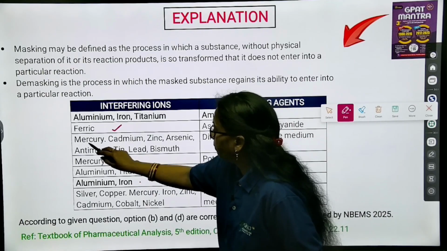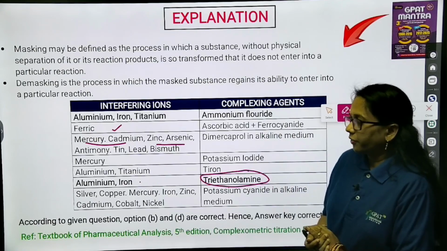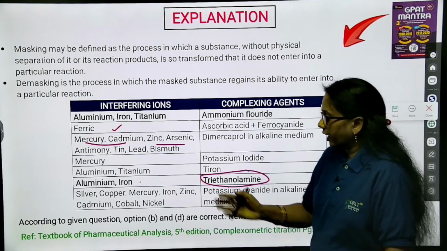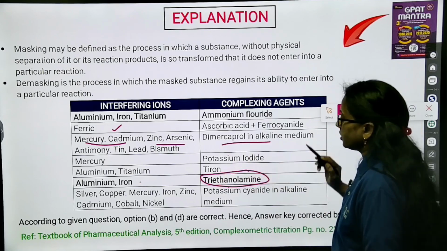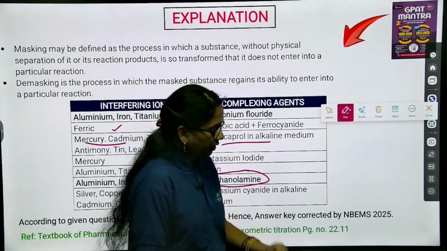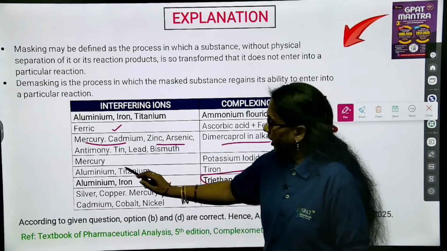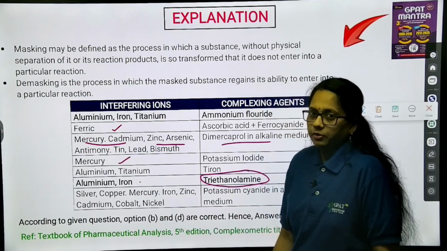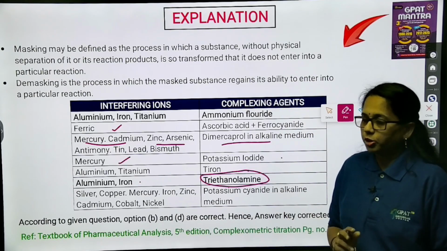And if any metals are interfering in the chemical reaction, like cadmium, zinc, arsenic and antimony, tin, lead and bismuth, then you can use dimercaprol. In the basic solution, if you use dimercaprol, you can mask the reaction. And if mercury is the interfering ion, potassium iodide is going to mask that.